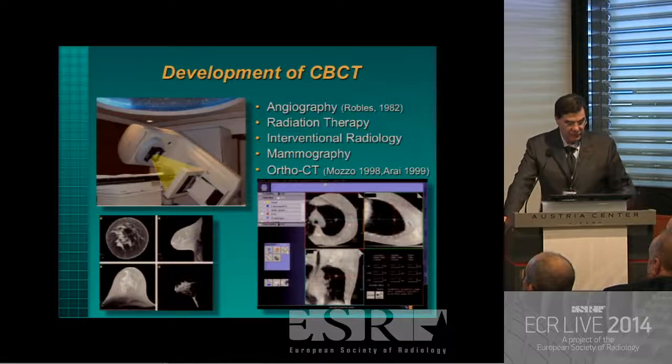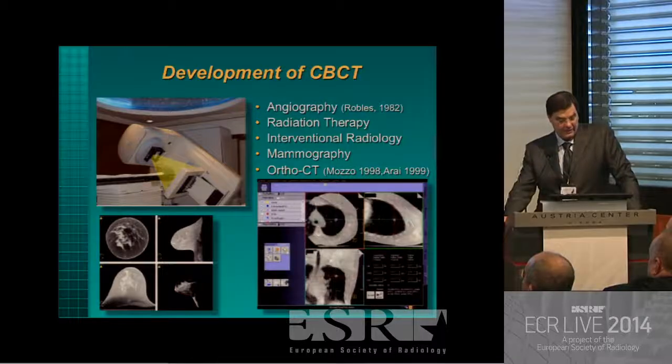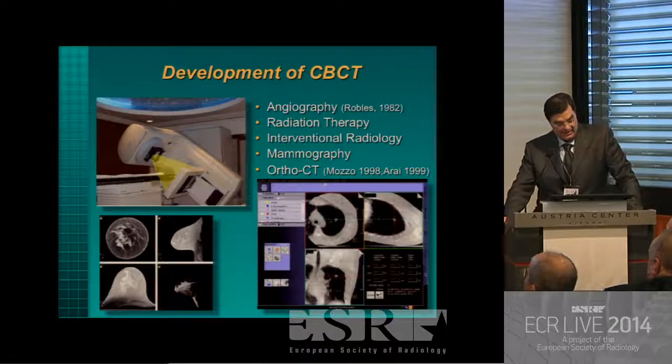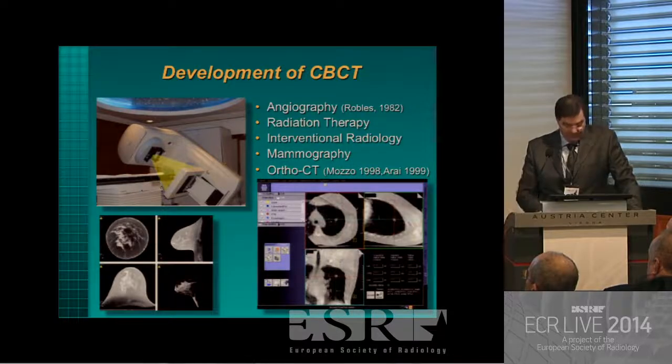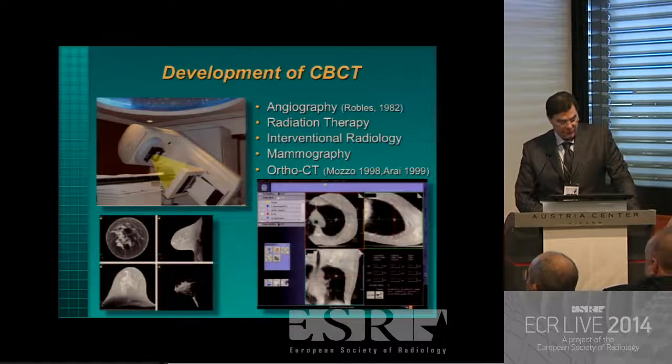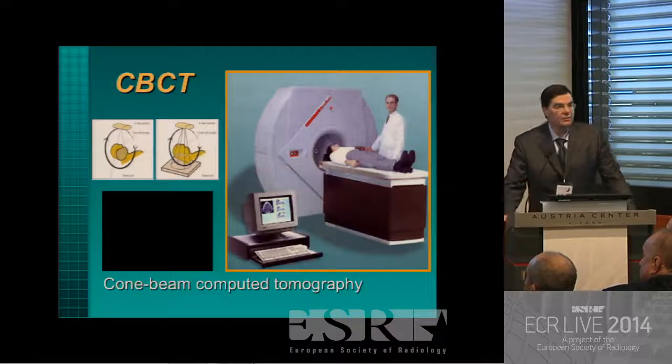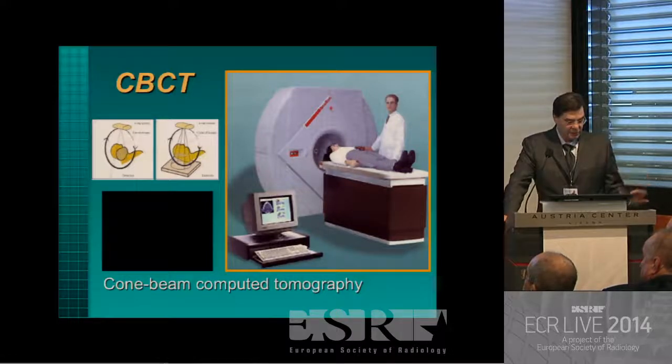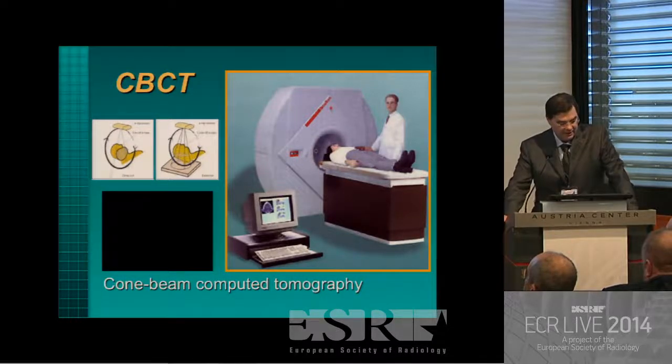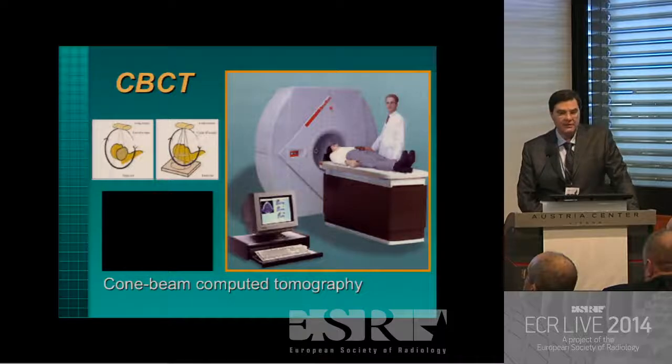It was also, and still is, used in radiation therapy, interventional radiology, and mammography, and the first dental application was in 1998 and 1999 by Mozzo from Italy and Arai from Japan, who described this device as ortho-CT, which was a little bit difficult to understand for most people, so most of them settled on calling it cone beam CT.